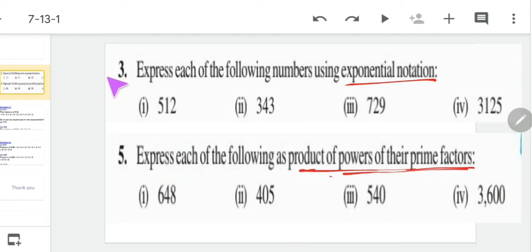So obviously in the third question also, we have to express it in the exponential form of prime factors. Similarly in the fifth one. So you don't have to be confused that these two questions are different. We have to do the same thing for both of these questions. So let's see what we have to do.